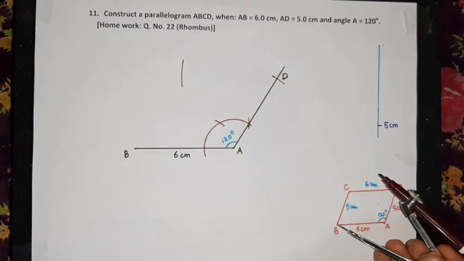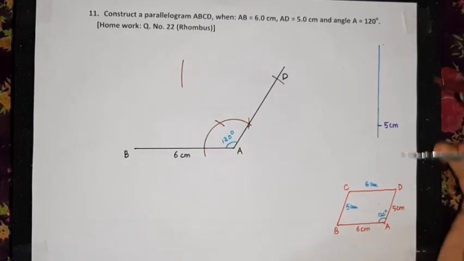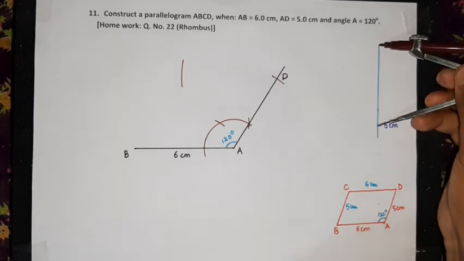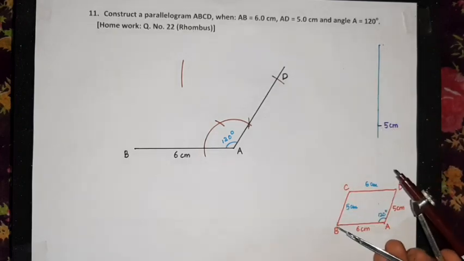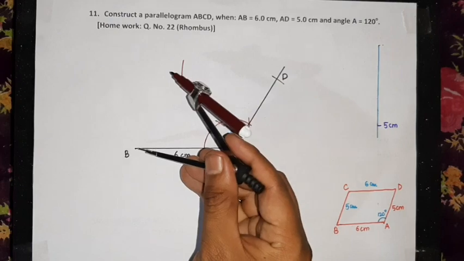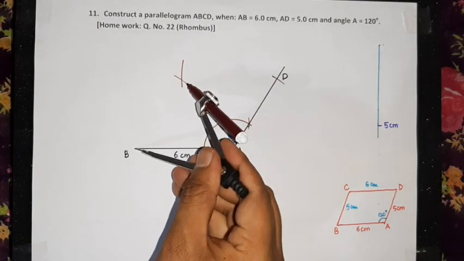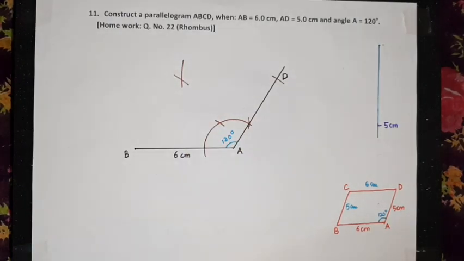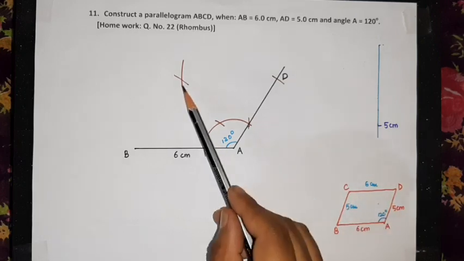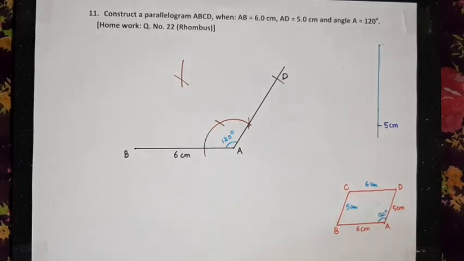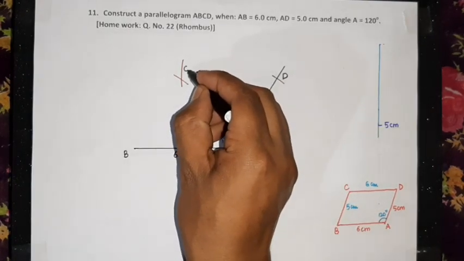Now from B there is a measurement of 5 centimeter. So let me again go back to 5 centimeter and mark it. This 5 centimeter is coming from point B. So let me cut this line. This 6 centimeter and 5 centimeter arcs intersect at C. So this point of intersection is going to be my point C.